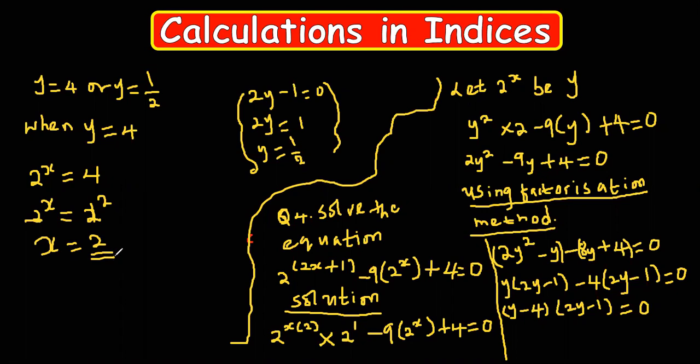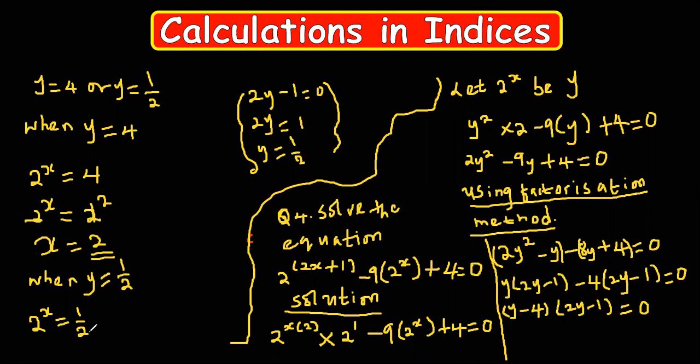Then when y is half, which means that 2 to the power of x is going to be 1 over 2, right? So according to the, what do we call it?